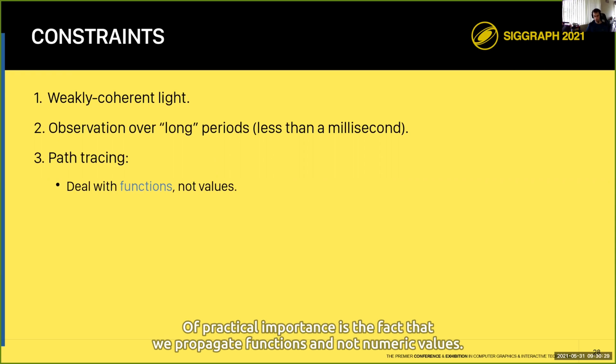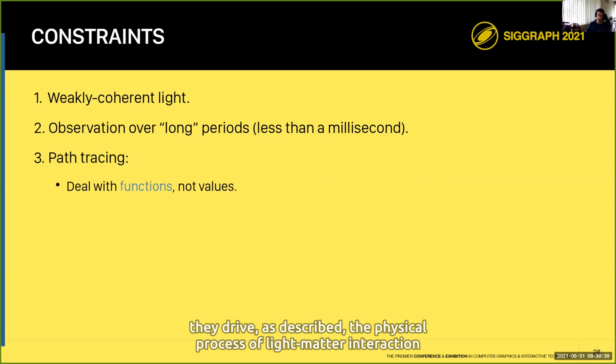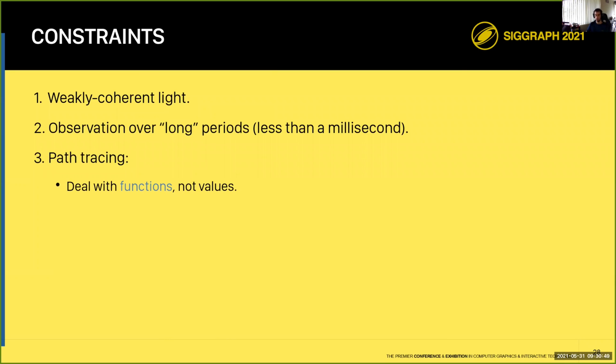Of practical importance is the fact that we propagate functions and not numeric values. These CSD functions initially depend on the source. They drive, as described, the physical process of light-matter interaction, and in turn, that process mutates the coherence properties of the scattered light.